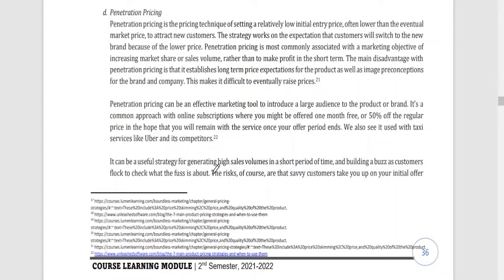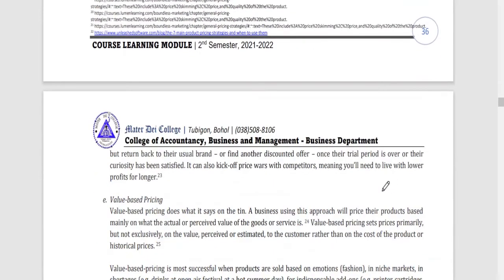Of course, kita nga mga customers, ganahan man gyud ta og barato. The risks, of course, are that savvy customers take you up on your initial offer but return back to their usual brand or find another discounted offer once their trial period is over or their curiosity has been satisfied.